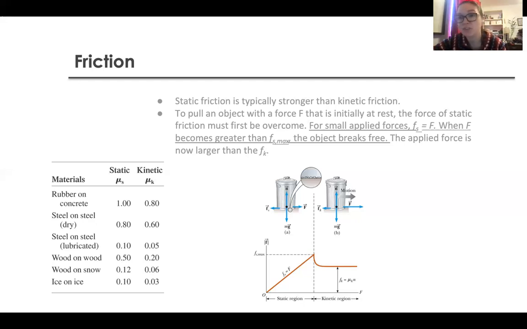For example, if you're pushing a box, it might be really hard to get it going, because it's really heavy and there's a lot of friction. But if that box were moving, you might have enough energy to keep it moving. That's why, for example, if you're pushing something up a ramp, you often get a running start.